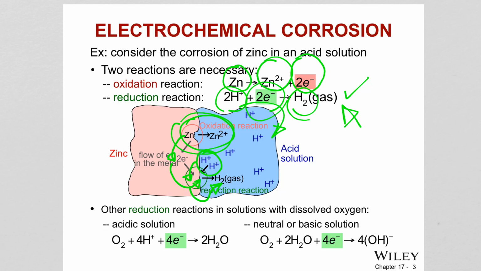As you can see, when metal atoms lose or give up their electrons, we call this an oxidation reaction. That is what is happening for the zinc, and the zinc becomes a positively charged ion. The site at which oxidation takes place is called the anode. Oxidation takes place there.